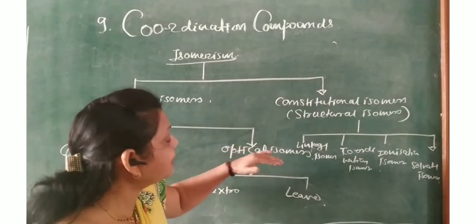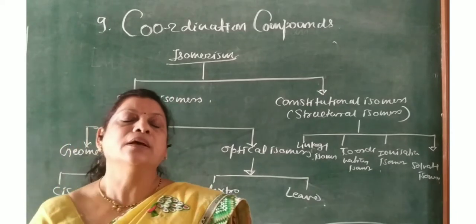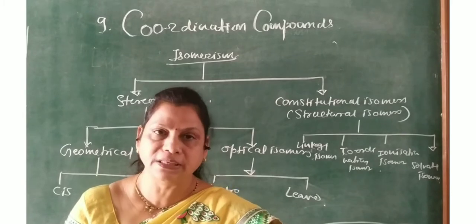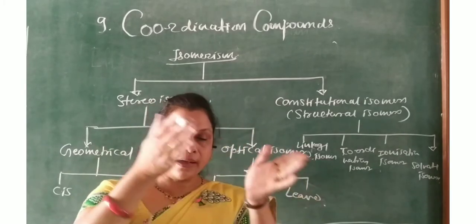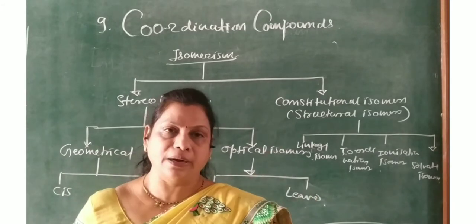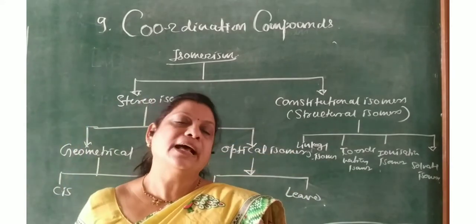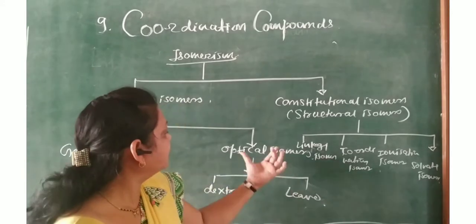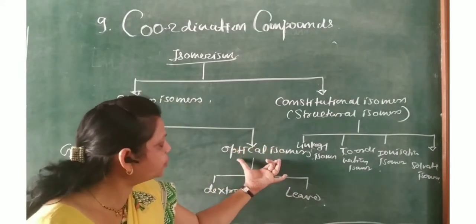Next are the optical isomers, which are non-superimposable mirror images of each other, and these are enantiomers. Their behavior towards plane polarized light is different. One rotates plane polarized light towards the right, whereas another rotates it towards the left, and hence they are called optical isomers or enantiomers.